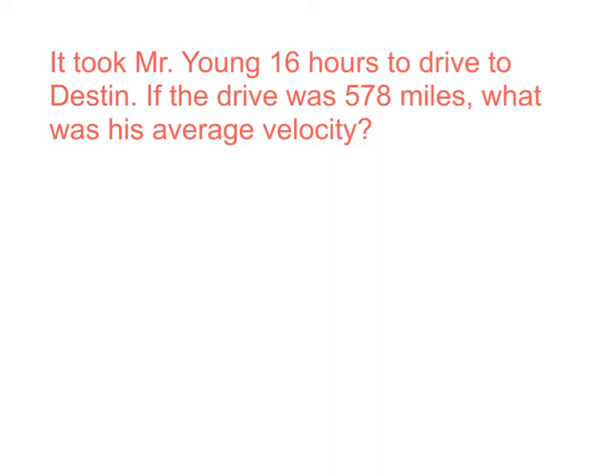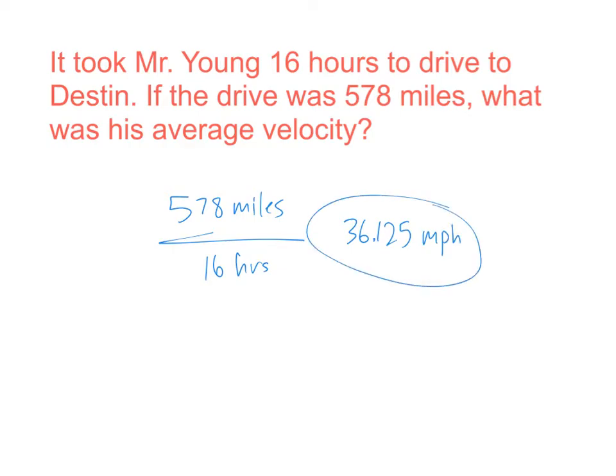All of those things are irrelevant. What matters is that I went 578 miles in 16 hours. I'm going to need to type that in my calculator. 578 divided by 16. I went an average of 36.125 miles per hour. Okay, average rate of change.